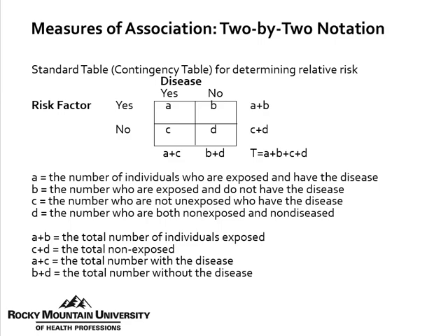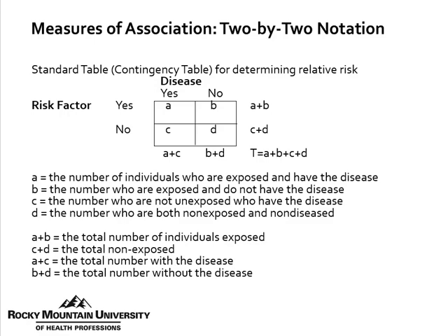Nobody does the math. We've got computers to do that, statistical software, but if you wanted to do the math, you would set up a 2x2 contingency table or 2x2 standard table. The disease or injury would go across the top. Yes and no, and then the risk factor, yes and no, as you observe there.